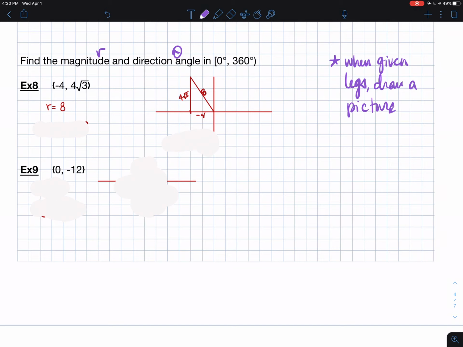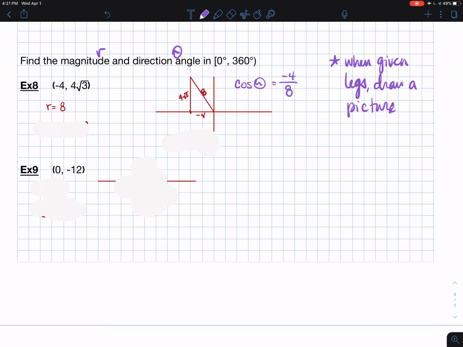I think you would agree with me that the adjacent and the hypotenuse are the two prettiest numbers on that triangle. Well, think with me to SOHCAHTOA. Who uses adjacent and hypotenuse? Well, that's going to be cosine. So the cosine of my angle is going to be the adjacent over the hypotenuse.